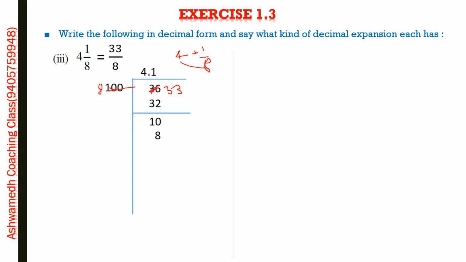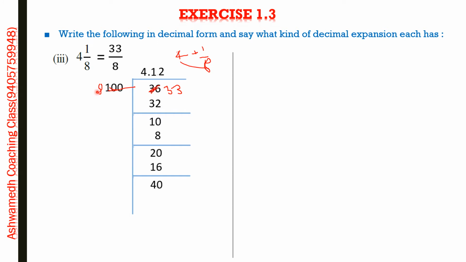Then 10 minus 8 is 2, make it 20. 8 into 2 is 16, and 20 minus 16 is 4, so we get 40.